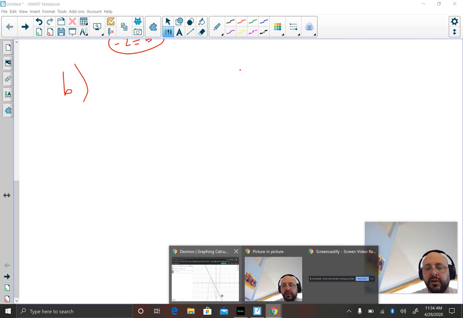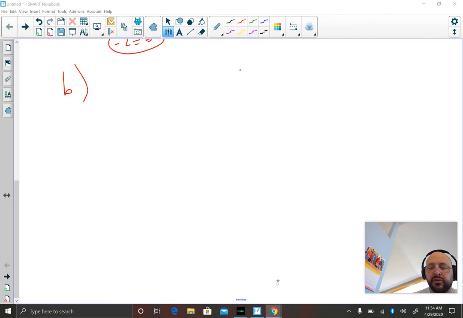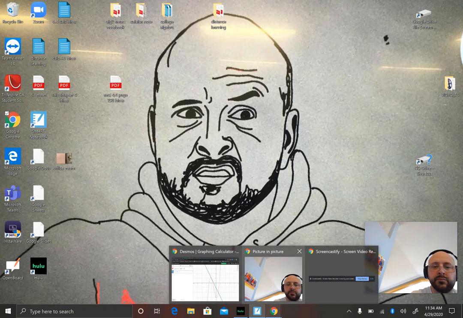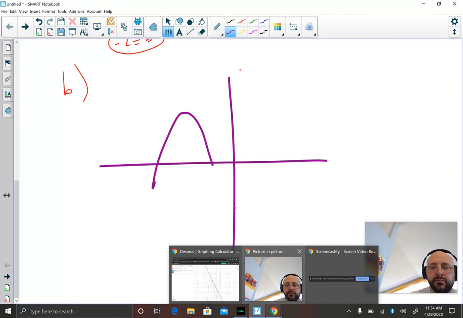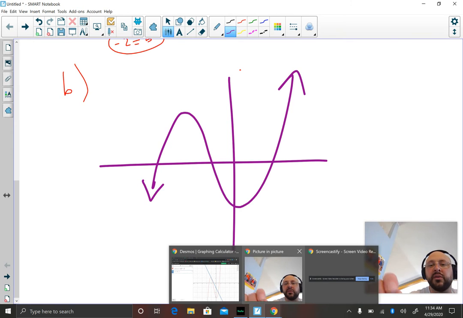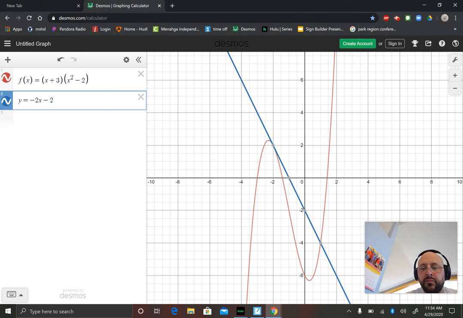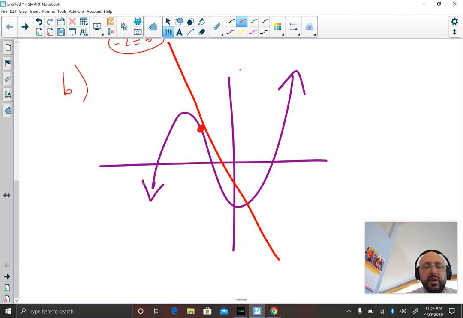So basically, do a little drawing that looks like such. Doesn't have to be super great. There's the point, -2. There's the tangent line. Oops. There's the tangent line.